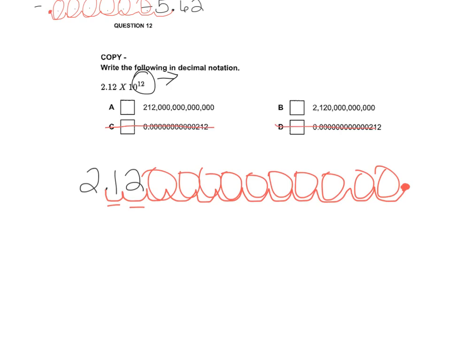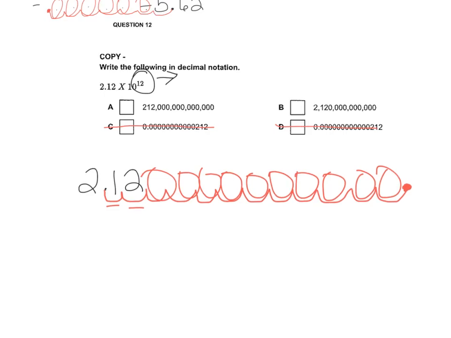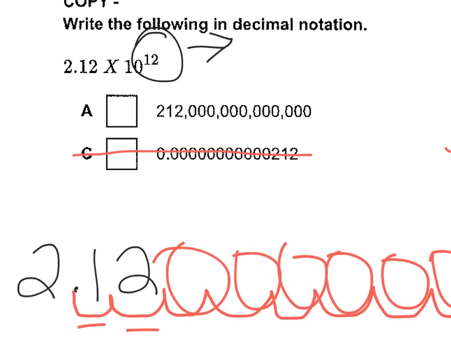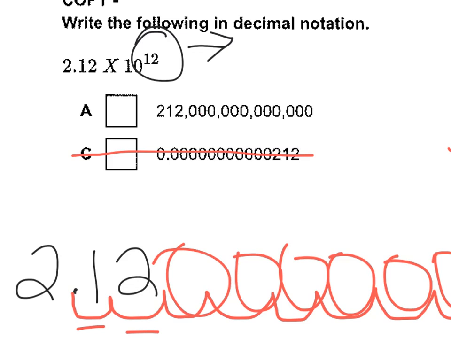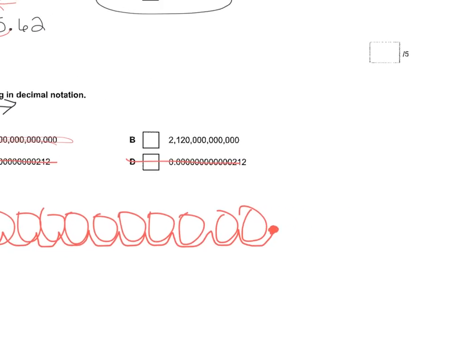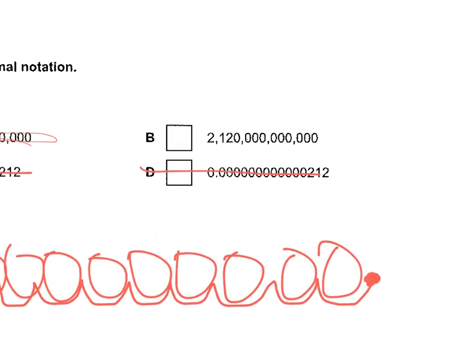So I'm going to count 10 zeros. Let's check A. 1, 2, 3, 4, 5, 6, 7, 8, 9, 10, 11, 12. Too many zeros. B. 1, 2, 3, 4, 5, 6, 7, 8, 9, 10.